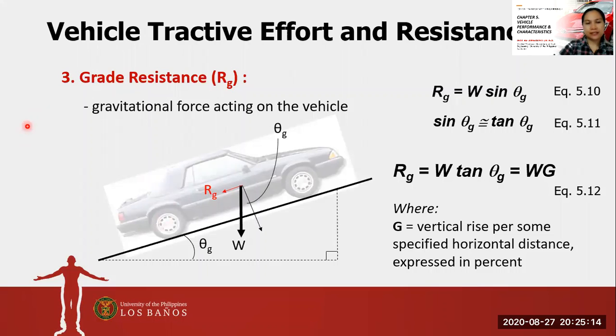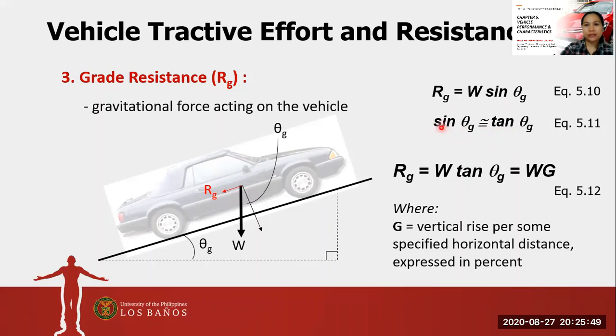The next resistance is the grade resistance, Rg. This is the gravitational force acting on the vehicle. As previously mentioned, Rg is equal to the weight of the vehicle times the sine of theta g. But sine theta g is approximately equal to the tangent of theta g because it's assumed to be very small.